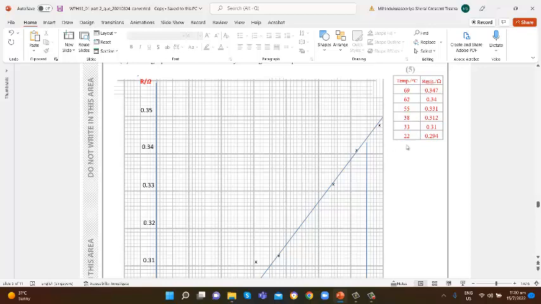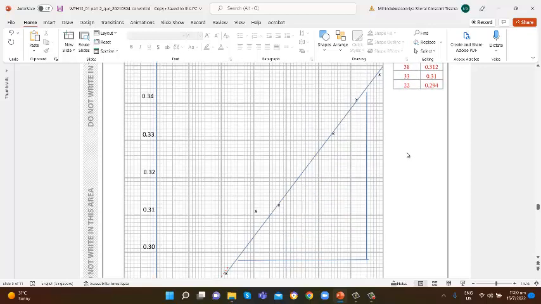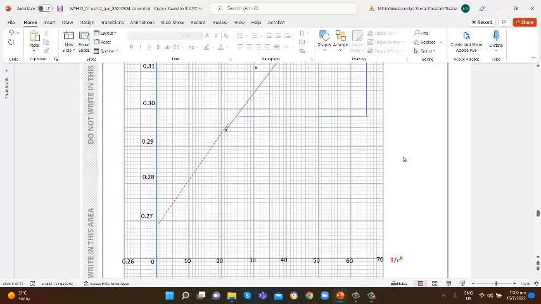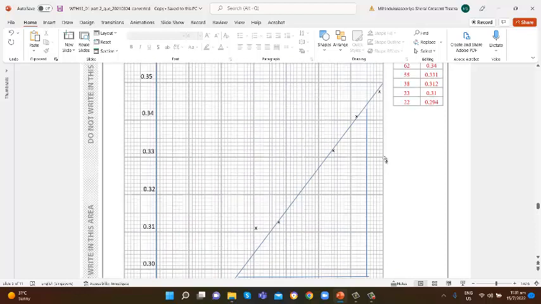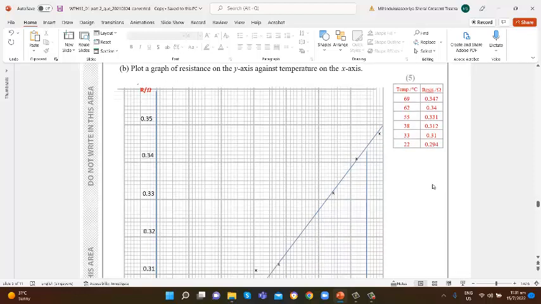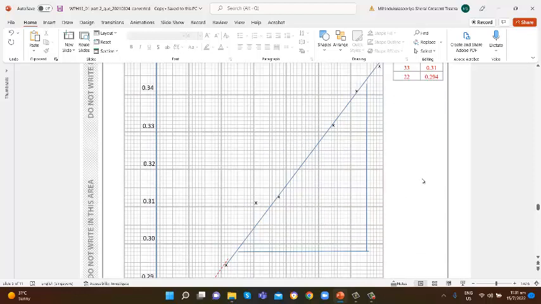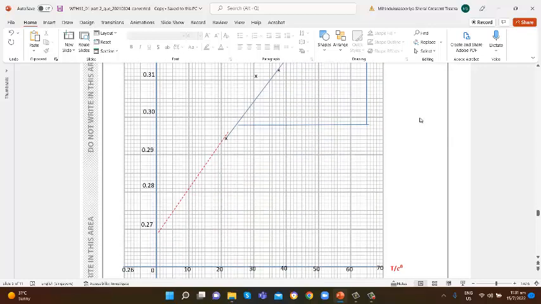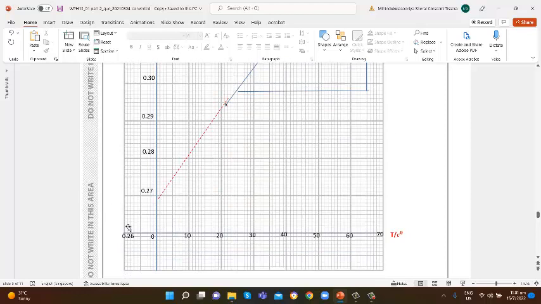So you can start from 0 and go on. But here you don't need to start from 0, because your first measurement is something like 0.294. So you can start somewhere before that, maybe 0.26 or 0.25.